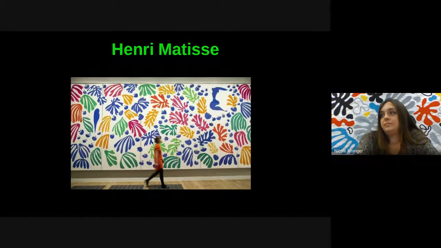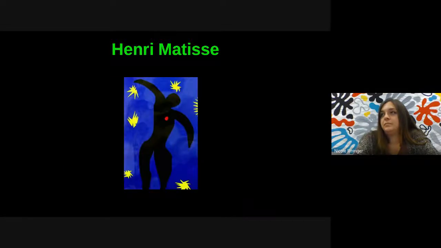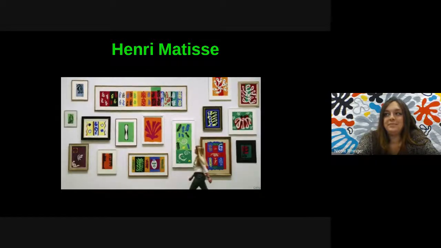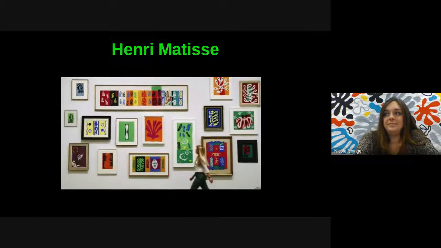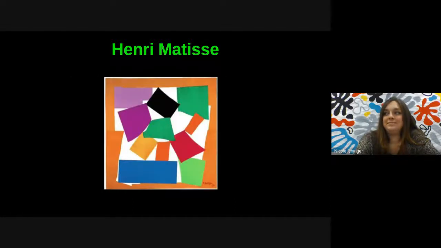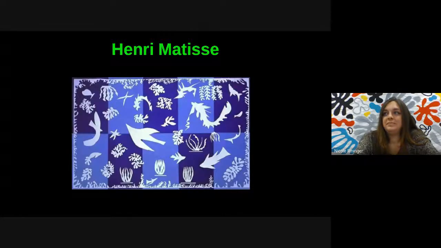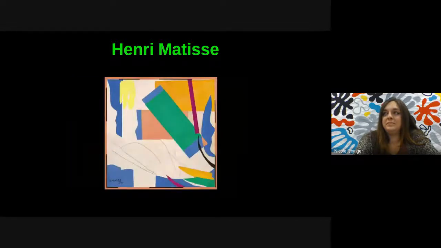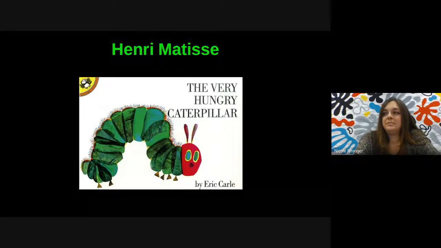His paper collages were cheerful and unique, with whimsical shapes and vibrant colors. Matisse was one of the first artists to use paper collages as an art form, and you can see his influence in some very popular children's books today.